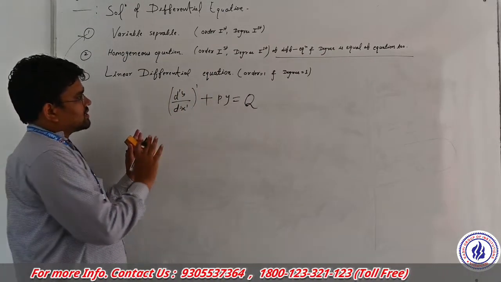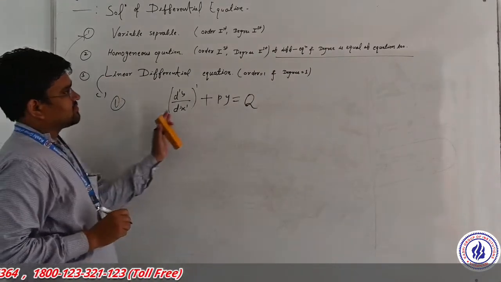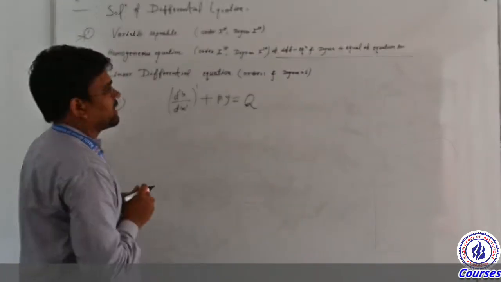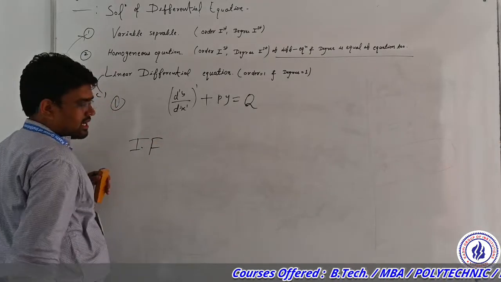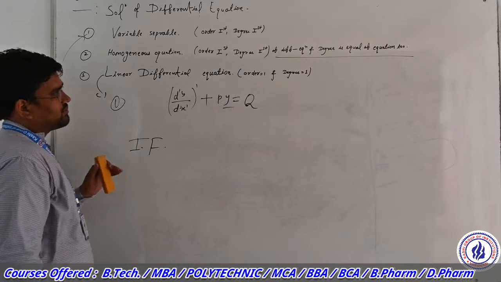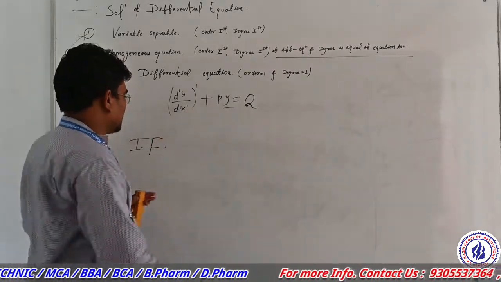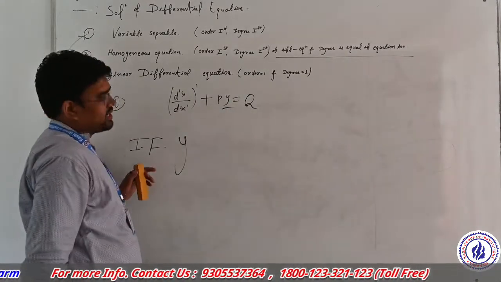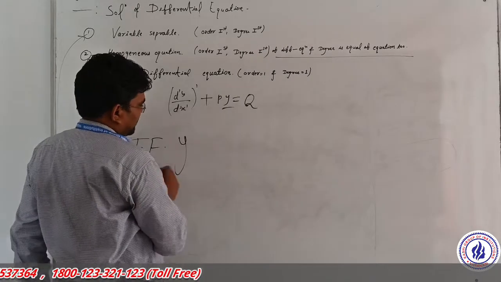So this is the first type; it has two types. It is the first type of linear differential equation. And what will its solution be? Firstly, we write IF, the integrating factor, and because we are going in y with respect to x, we write IF into y. We see the coefficient of y, so we write only IF into y.